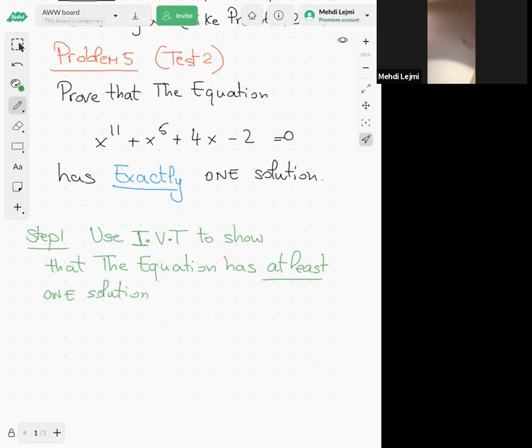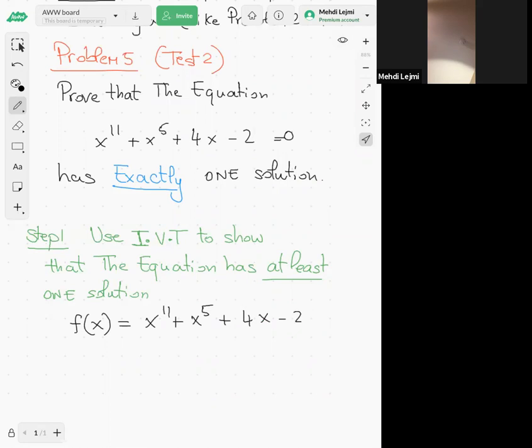So what we do here is pick numbers such that the values of the function have opposite signs. The function f of x is our equation here, so that's x to the 11th plus x to the 5th plus 4x minus 2.